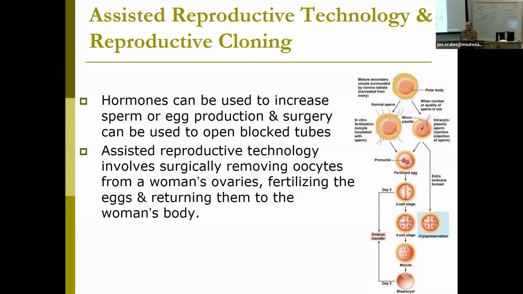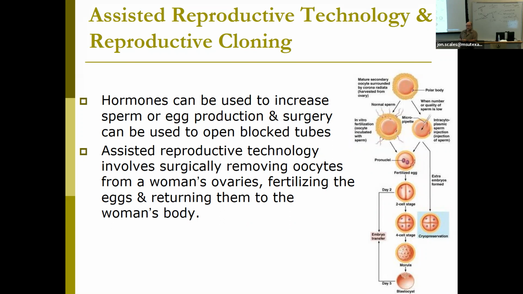And that was due to taking a drug called Clomid, which is an estrogen inhibitor, which makes the effects of FSH more effective, and they ovulated more than normal.